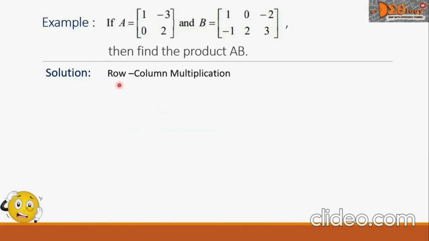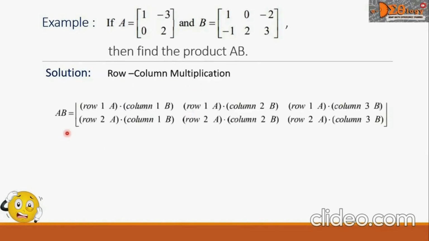Then we will do row-column multiplication. It becomes like this. We're going to use the rows of A to be multiplied by the columns of B respectively.